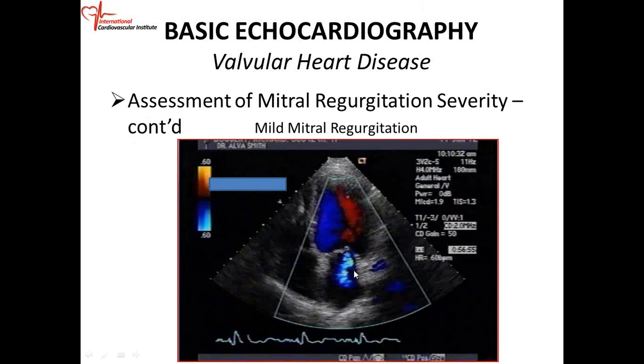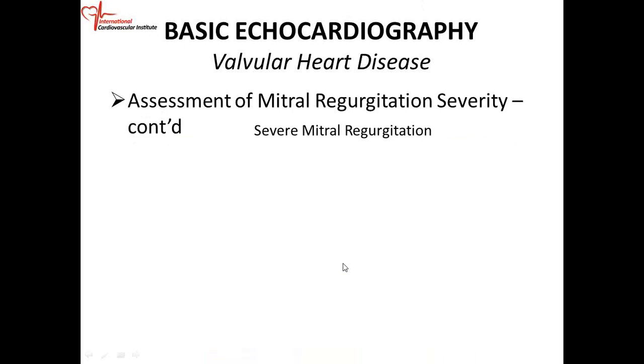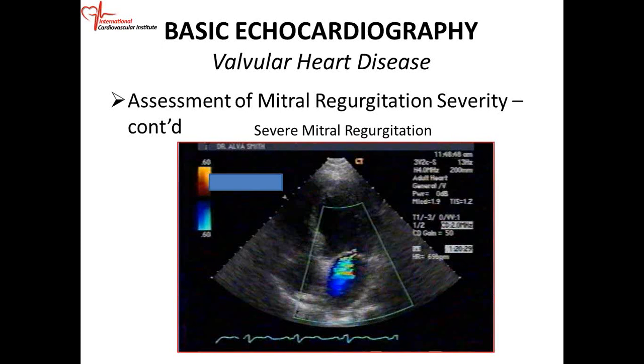You actually get a mosaic color, a mixture, because you have turbulence. So with severe mitral regurgitation, the color occupies more than 40% of the left atrial area.